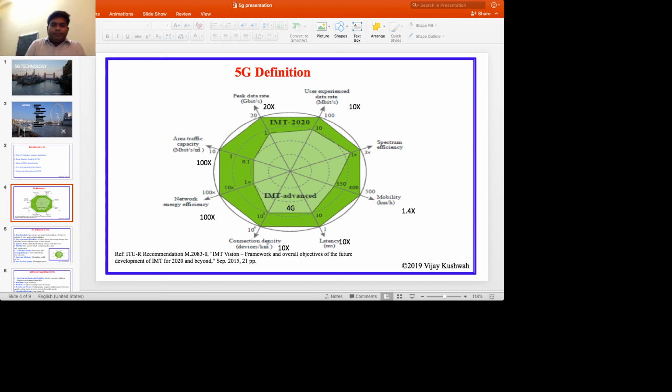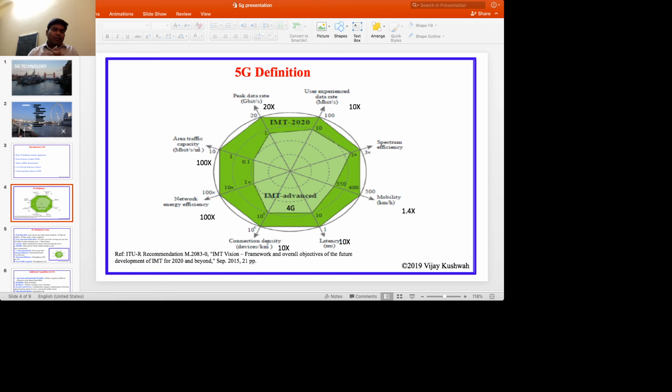Area traffic capacity. Just like connection density, where it is how many devices, here it is how much traffic there. It goes from 0.1 megabits per second per square meter to 10 megabits per second per square meter.